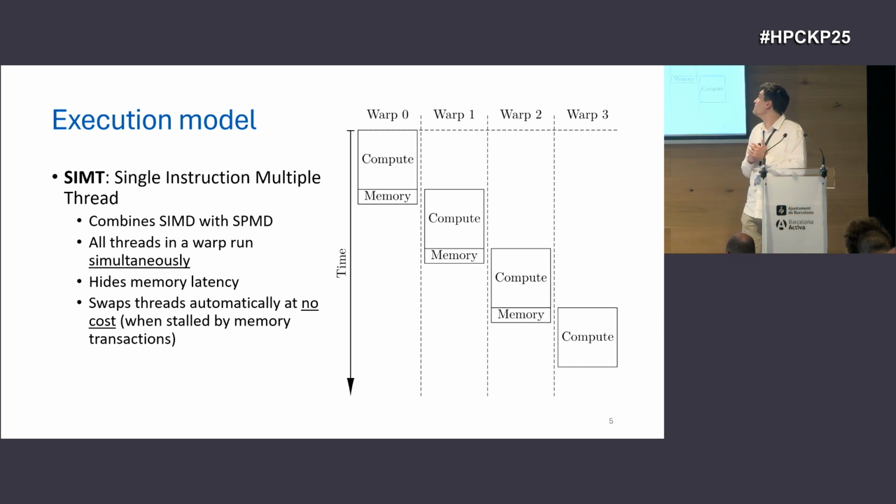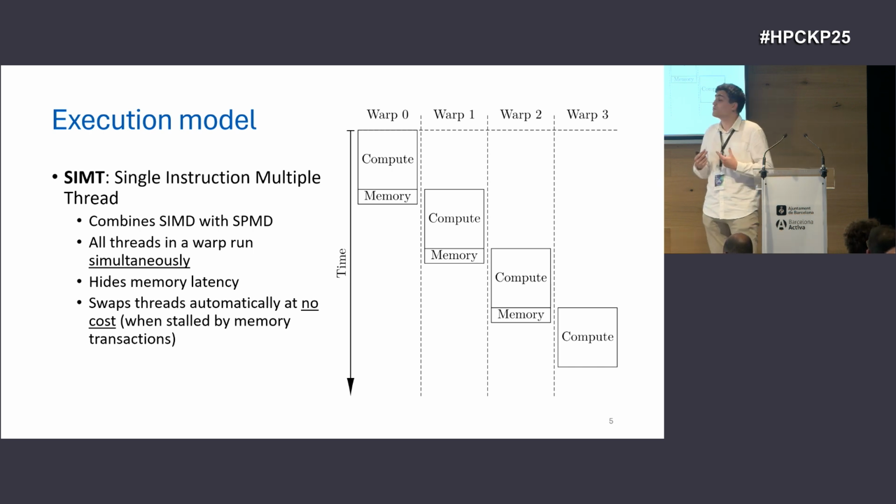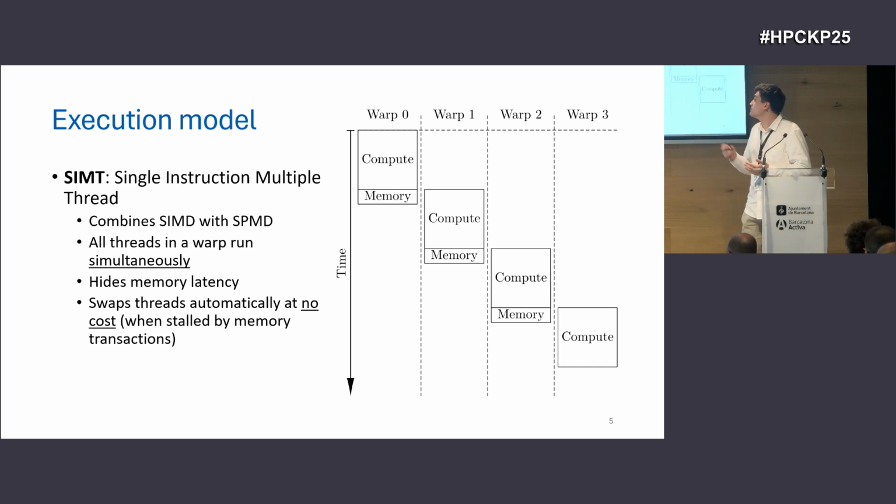And whenever one set of threads reaches a memory transaction or another operation that takes a long time, the hardware can switch its execution to another group of threads. So this allows us to effectively hide the memory latency. This operation is done automatically in hardware at no cost.